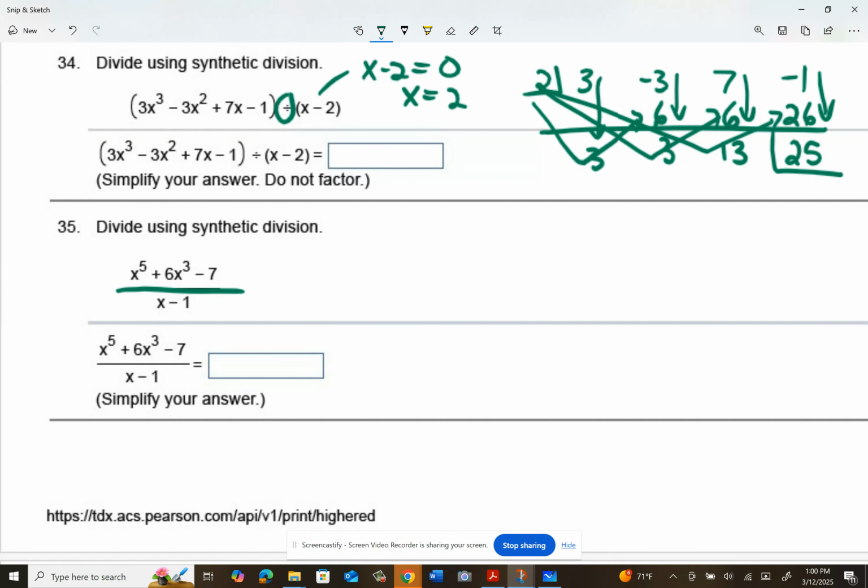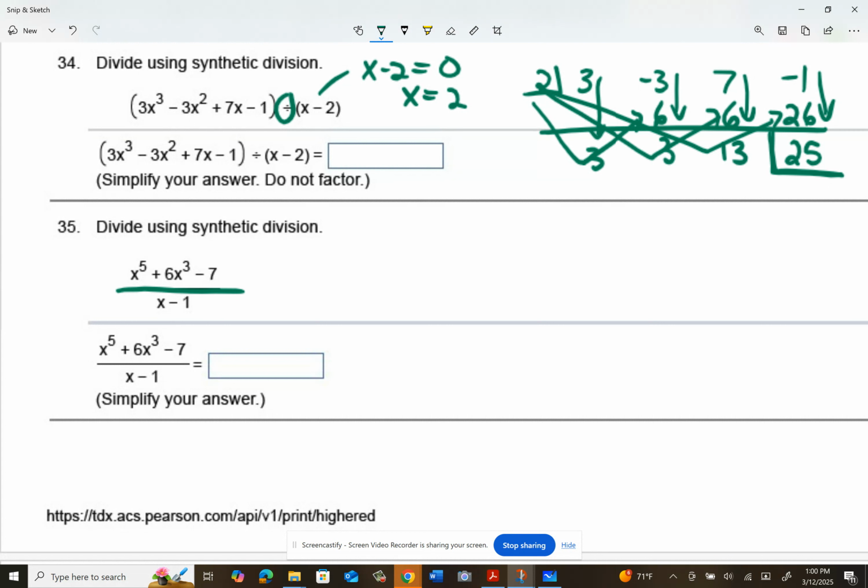Now, later, when we use this to find the zeros of a polynomial, the fact that the remainder, the part in this box right here, was 25, means that x minus 2 was not a factor, or that 2 was not a solution to the polynomial. It's not what you're being asked here, though.